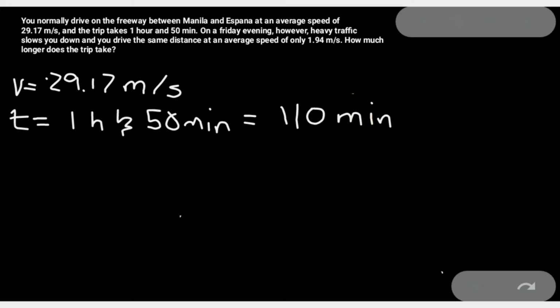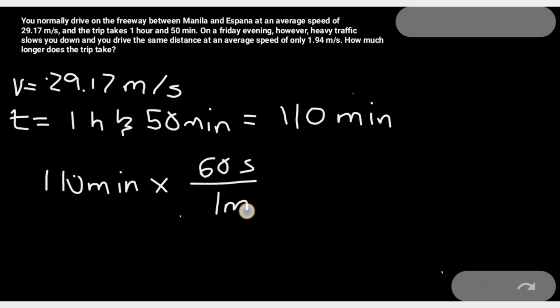We all know that the ratio for minutes and seconds is 1 minute is equal to 60 seconds. So 110 minutes times 60 seconds over 1 minute. So that's the conversion factor for that.